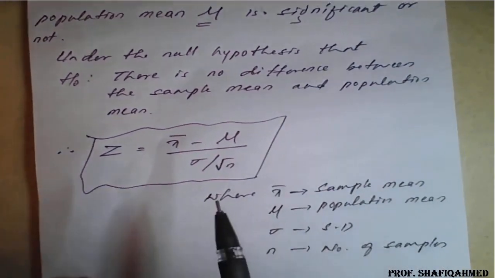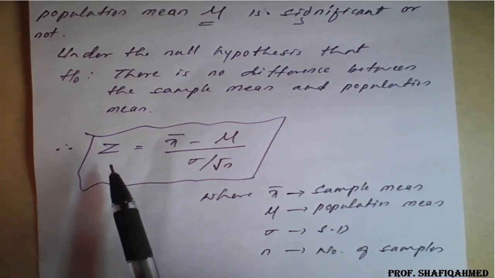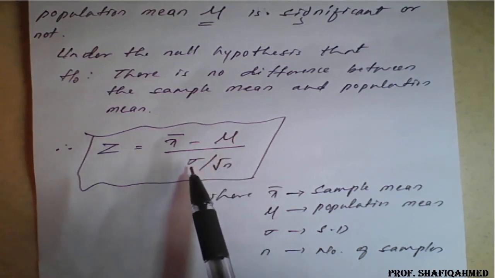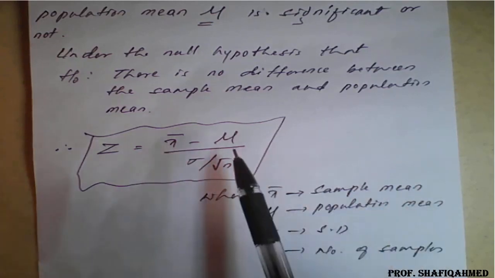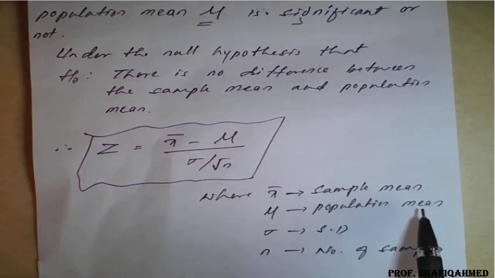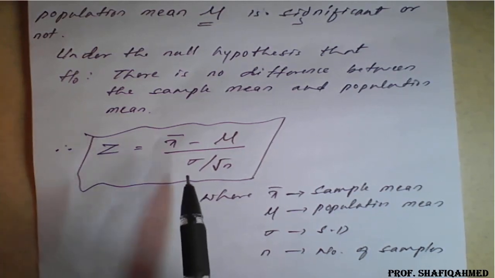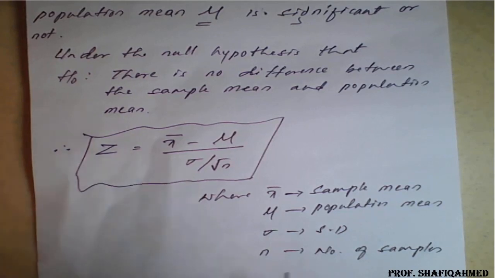The formula for the sample mean is z is equal to x bar minus mu divided by standard deviation divided by root n, where x bar is the sample mean, mu is the population mean, and the standard deviation is that of the population. Sometimes s will come, which stands for the standard deviation of the sample.